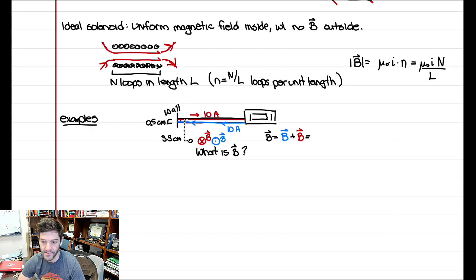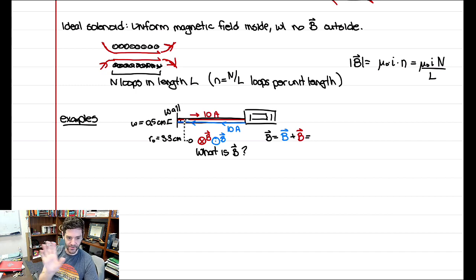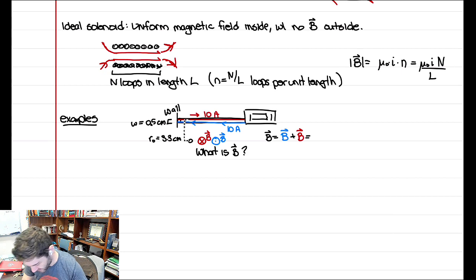And so in this case, I'll write down in symbols first and then plug things in. Let me call this 3.3 centimeters R naught, and then this width here, W, this 0.5 centimeters. Of course I should make sure everything is in SI units before I start plugging things in.